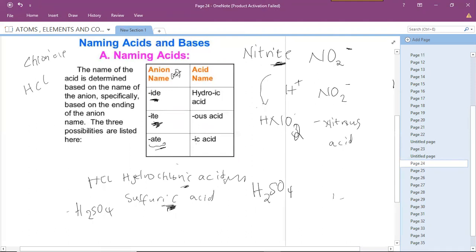Again, if the anion ends with ATE, for example, sulfate, SO4 2 negative, the acid will end in -ic, so sulfuric acid, just like that. So that's how you name acids.